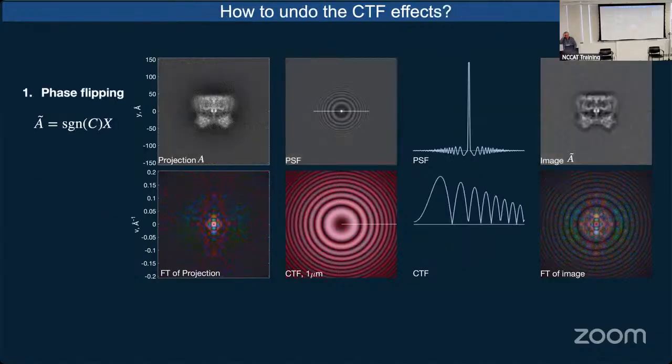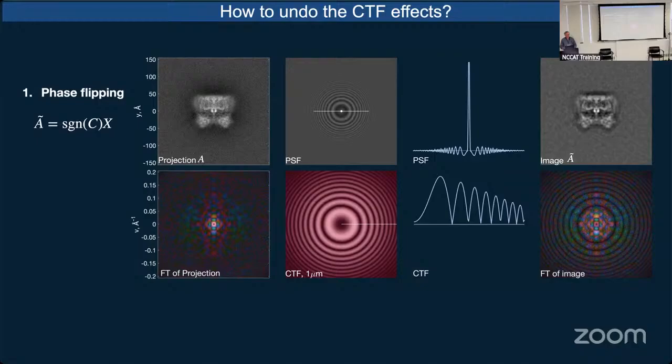So one way that people used to do a lot is so-called phase flipping. Conceptually, what we do is we're operating on a CTF that does not reverse polarity.